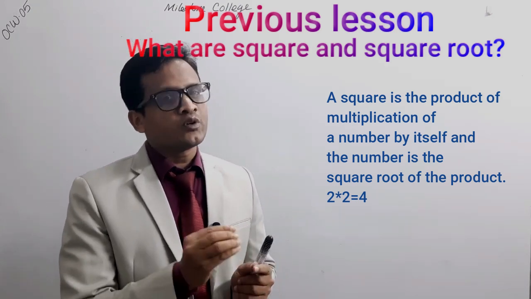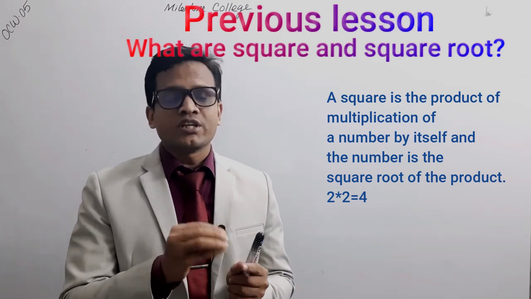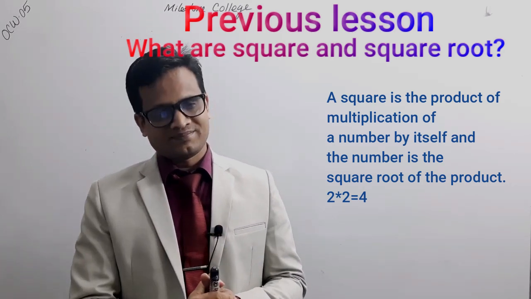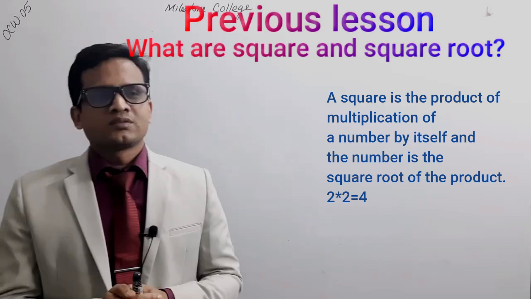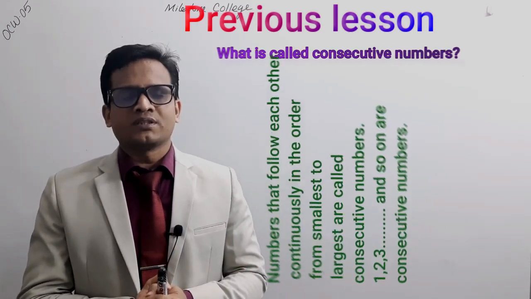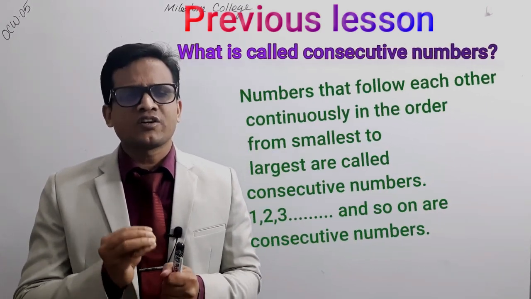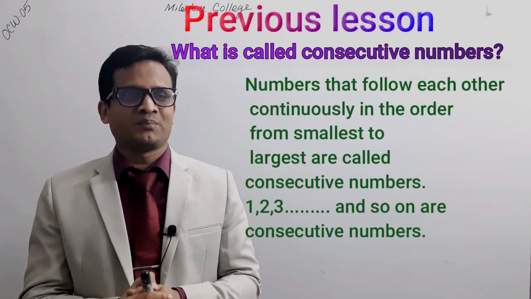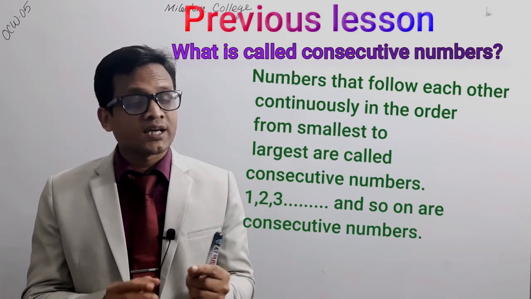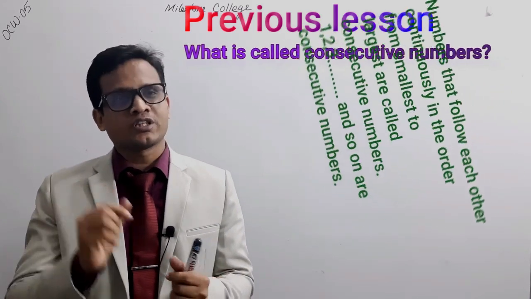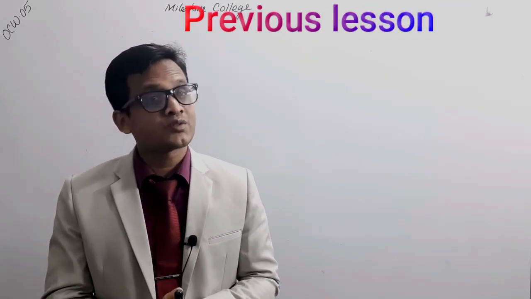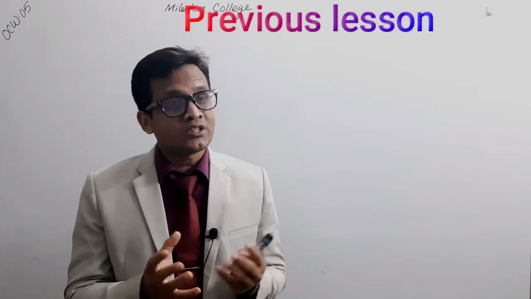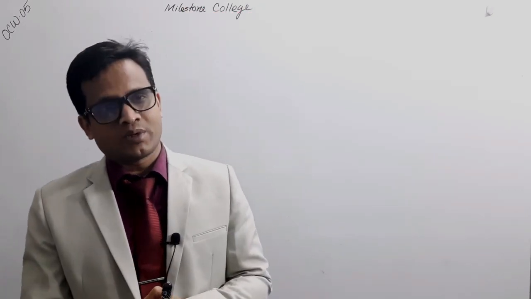So here 4 is the square and 2 is the square root of 4. Okay, my dear students. So now what is called consecutive numbers? Numbers that follow each other continuously in the order from smallest to largest are called consecutive numbers. Like this 1, 2, 3 and so on are consecutive numbers. Okay, my dear students. This definition you have to learn, to memorize.